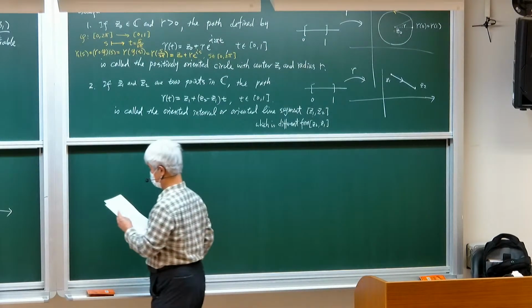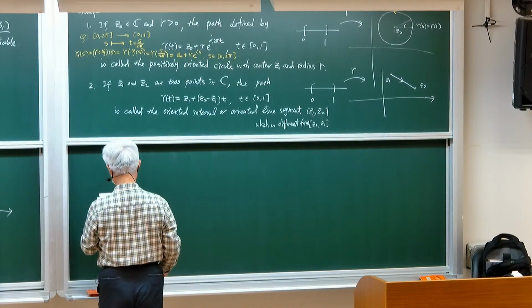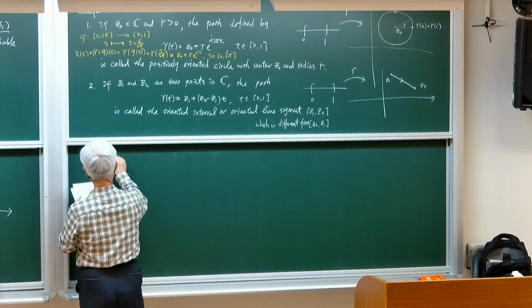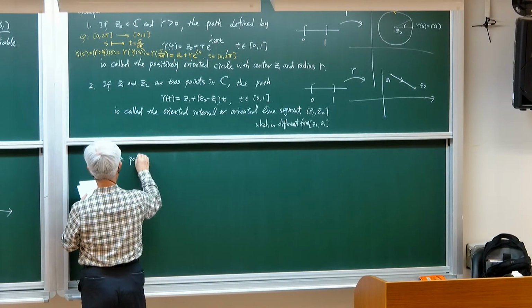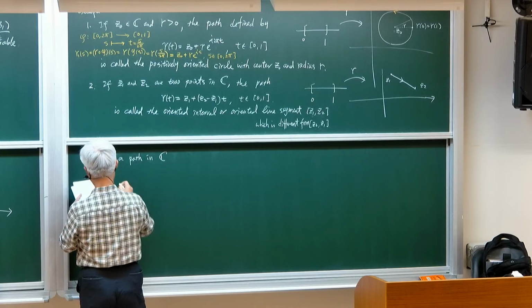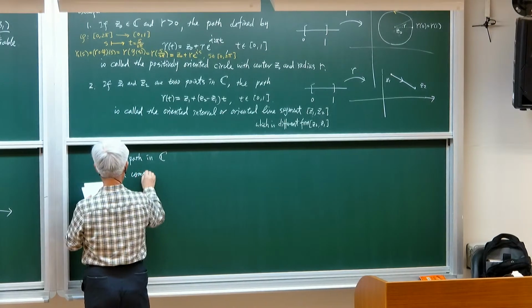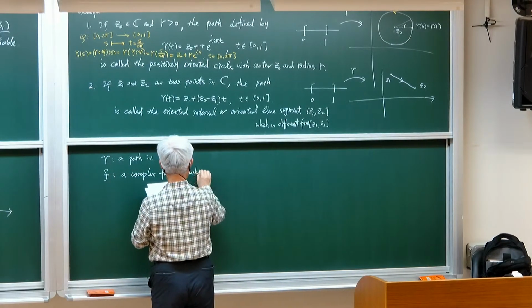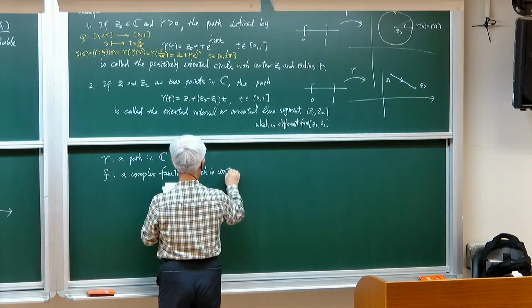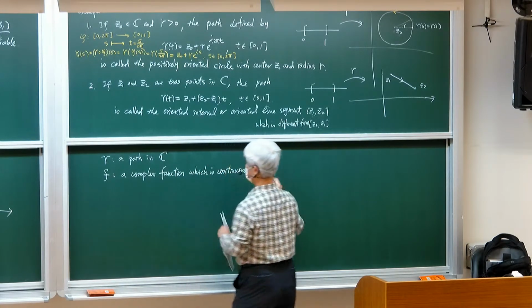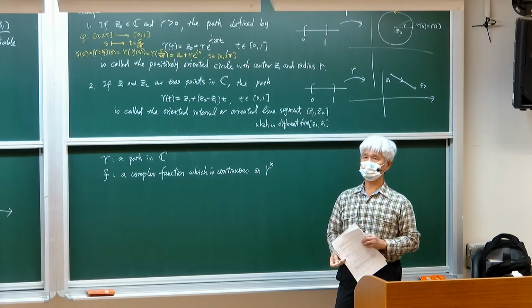Okay, so now suppose we have a gamma which is a path in the complex plane, and f a complex function which is continuous on the image of gamma.